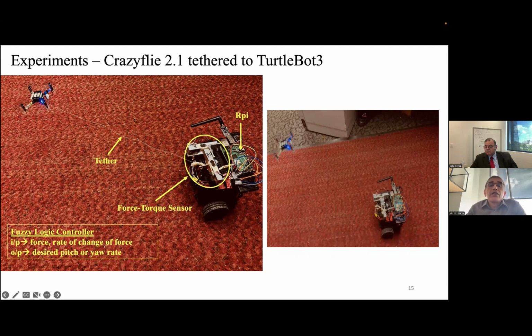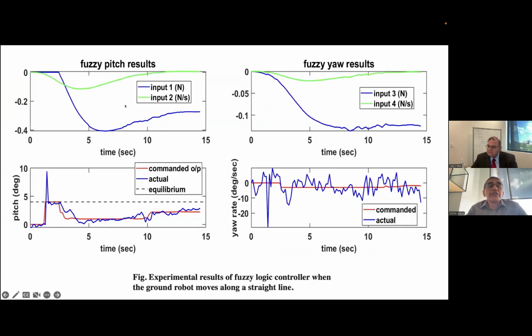But luckily, since this is a massless string, any force measured on the ground robot would be the same as on the other end. So with that assumption, we put the sensor on the ground robot and used that value to carry this out. These are some of the results.